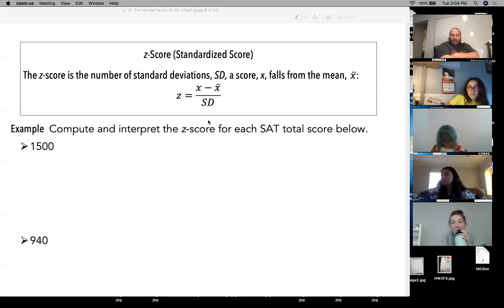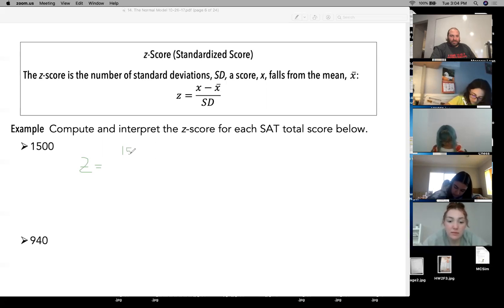Okay. So let's go ahead and compute the z-score for 1500. So 1500 minus the mean. Are we using the mean that we were using before?